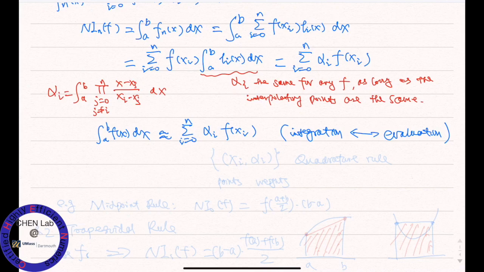More than that, you need to know what weight to multiply. If you know both, you're done. As long as we know the xi and alpha I, we're done. That's all we need. If you give me xi and alpha I, you tell me that's a rule. Now I'm going to evaluate the function at xi, multiply that value by alpha I, and sum them up. I get my integral. That's the essence here.